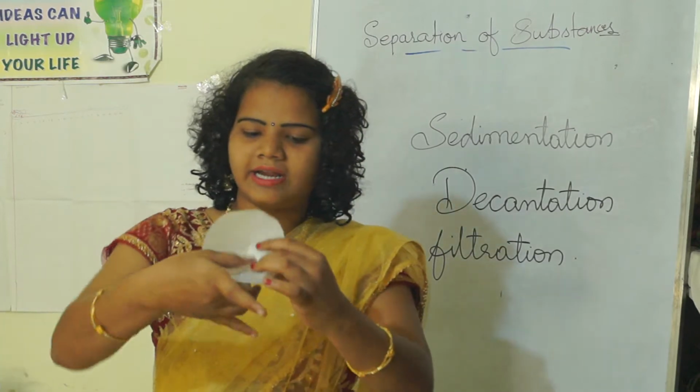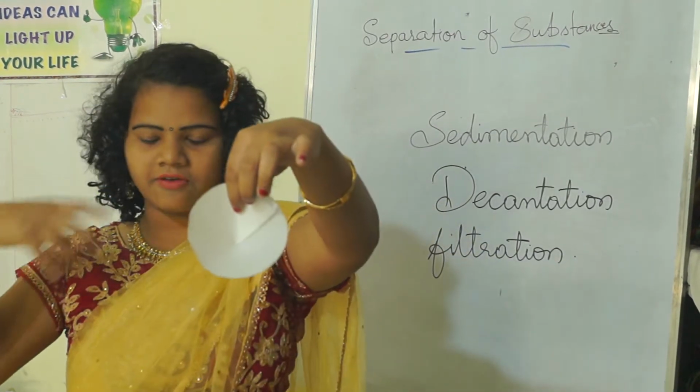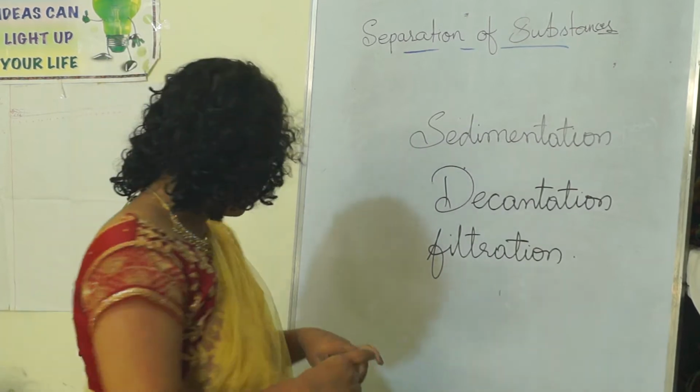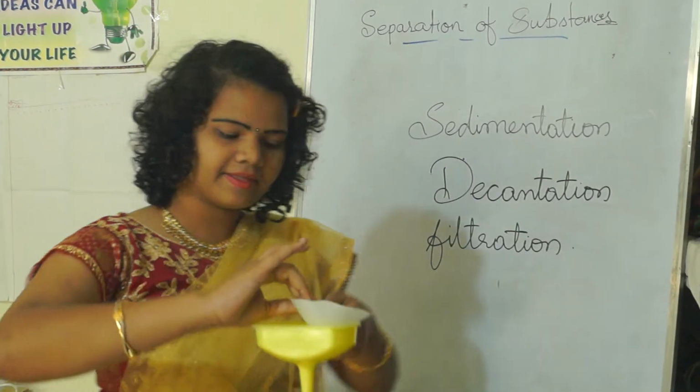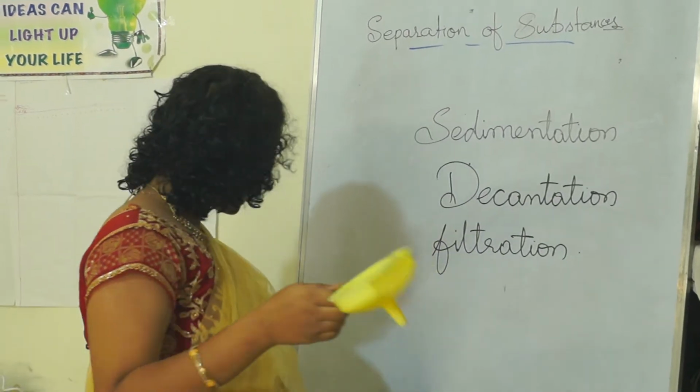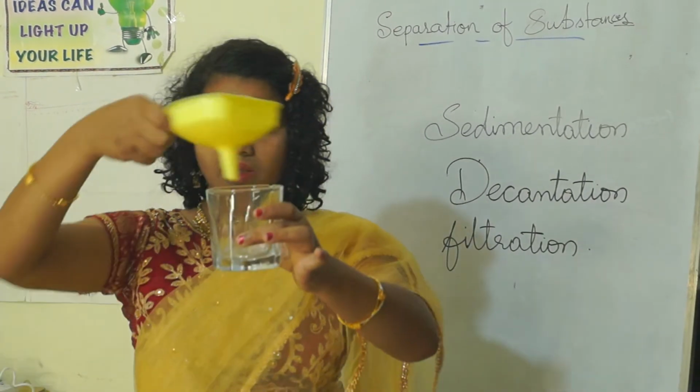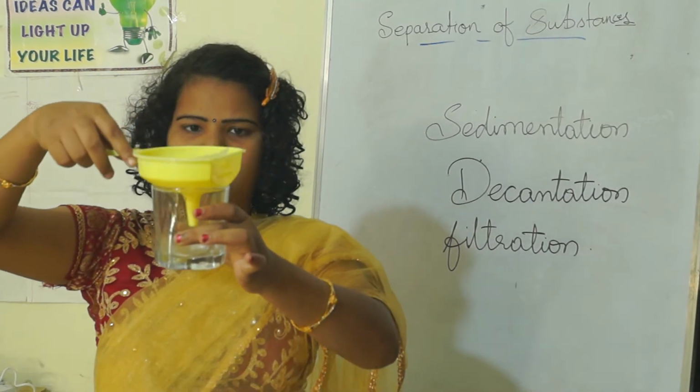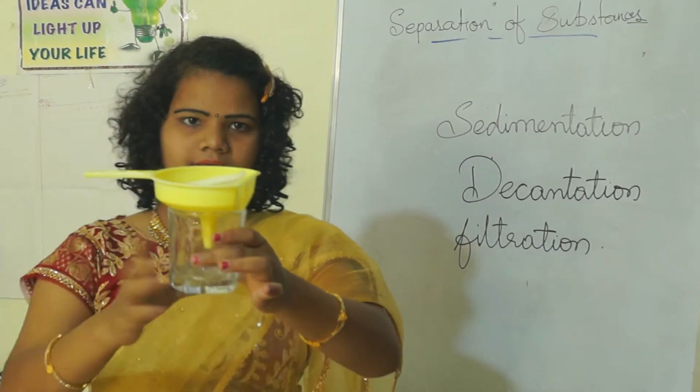So shape it into a cone, fix this filter paper inside the funnel, and now take another beaker and place this funnel on the beaker.